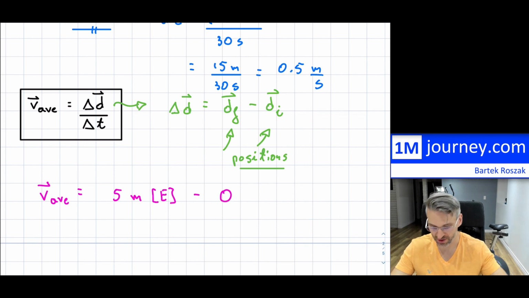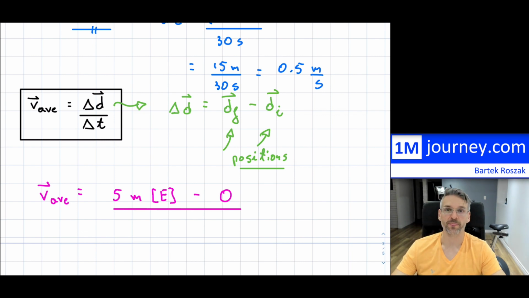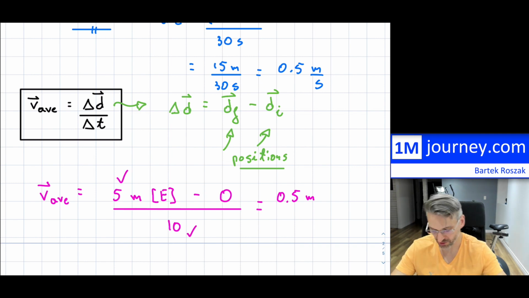Now 0 doesn't necessarily need a direction. There is actually a 0 vector, but 0 just means that we're at our reference point. Then we still divide by the total time. If this has taken us 10 seconds, you will notice that this is still 0.5 meters, because it's the 5 and the 10, so you're just dividing.